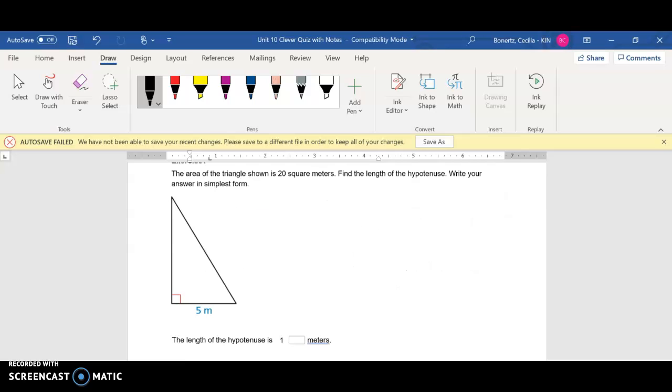For the next problem, it's asking me to find the length of the hypotenuse, and it tells me that the area is 20 square meters. So I'm going to label this as A and this is C. So I need to find C. I know that the area is going to be 5 times A times 1/2, because that's the area of a triangle, and it's telling me that that's 20.